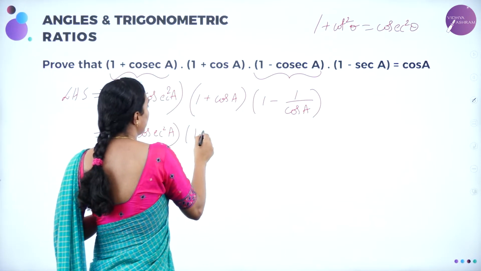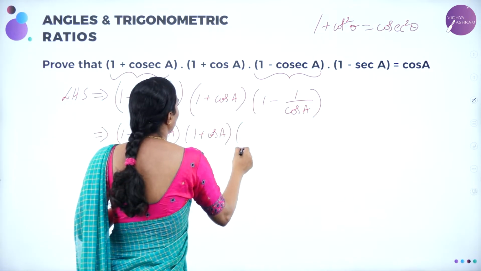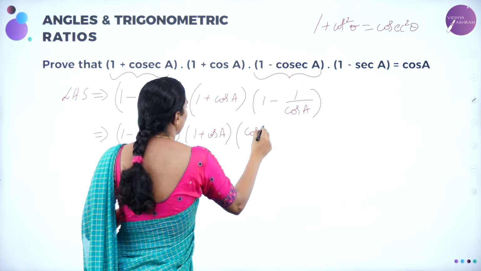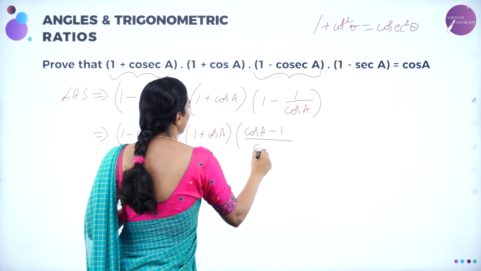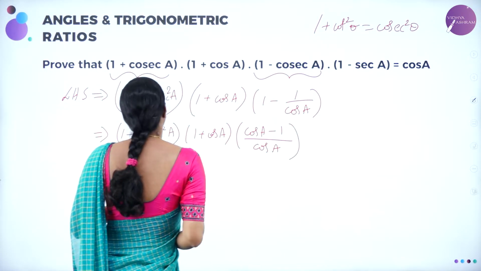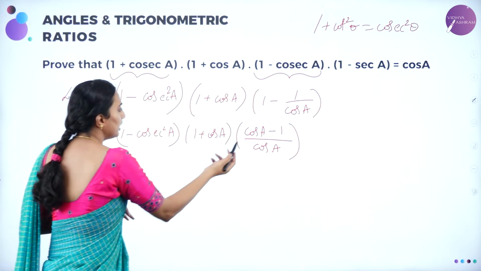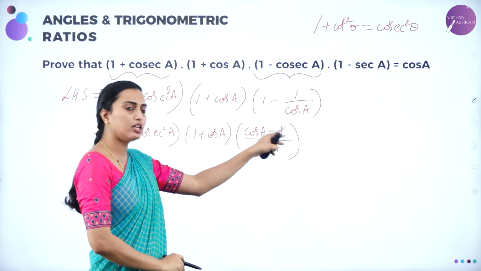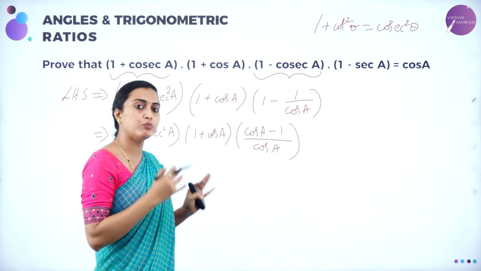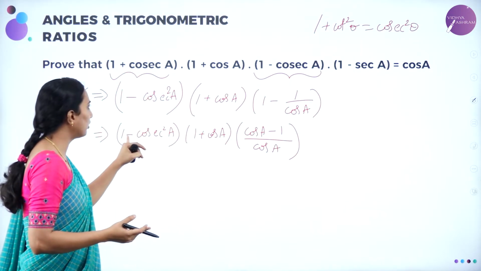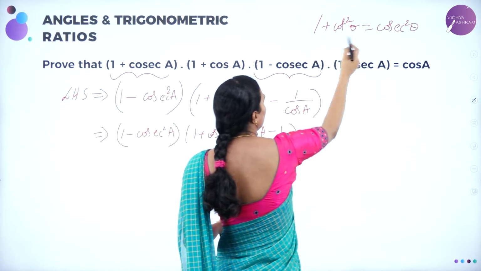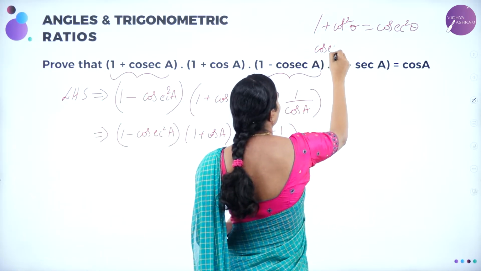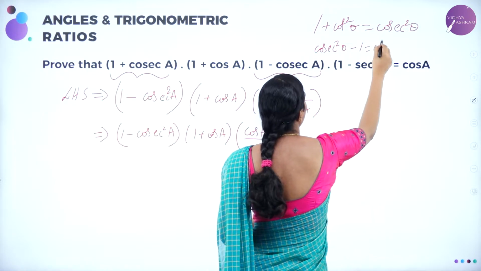This will be 1 plus cos A into 1 minus 1 divided by cos A. Now you're going to have, see, from this I'm going to take minus sign common because here 1 plus cos A is there. Cos A minus 1, if I take common, minus 1 minus cos A. Here again minus sign common because, see here, cosecant squared theta minus 1 is cot squared theta.